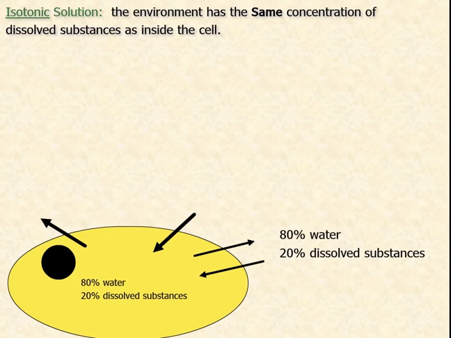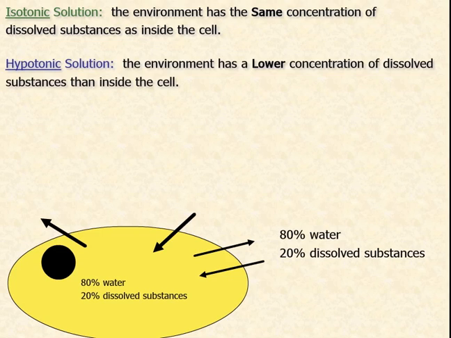The inside of the cell says 80% water. So what happens to this cell is water diffuses out at the same rate that water diffuses in, because the concentration is equal on the inside and the outside. So water comes and goes, but that doesn't ever affect the cell size because water is leaving and coming at the same rate.